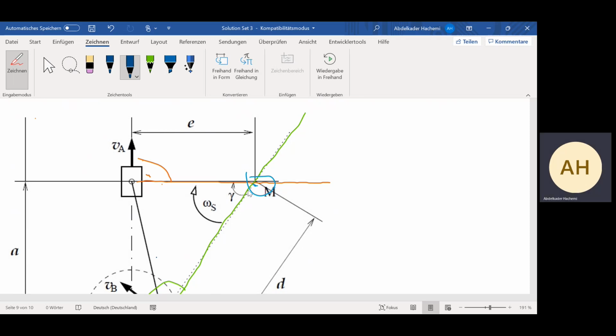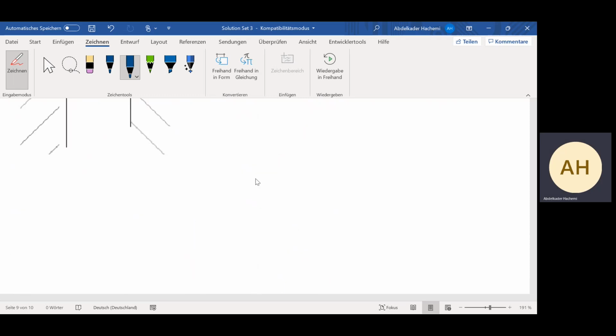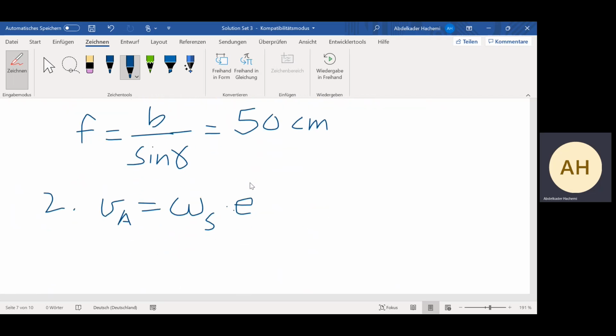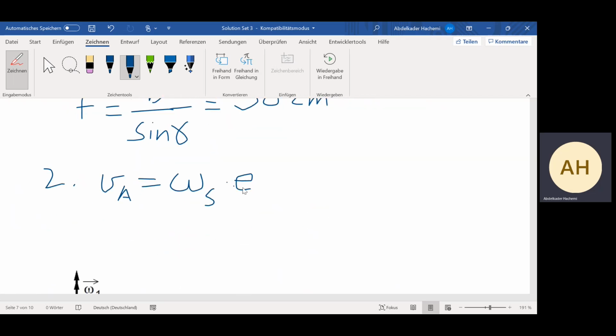Why? It's the instantaneous center of rotation, then it's Vm, which is 0, plus omega S cross this distance here. And as Vm is 0, then we have here omega S multiplied by E.